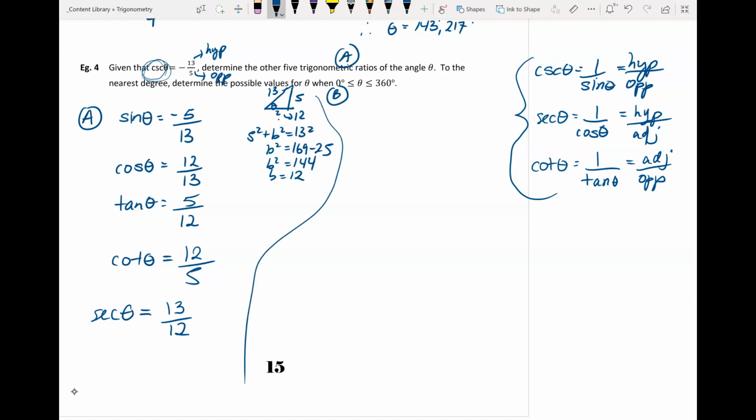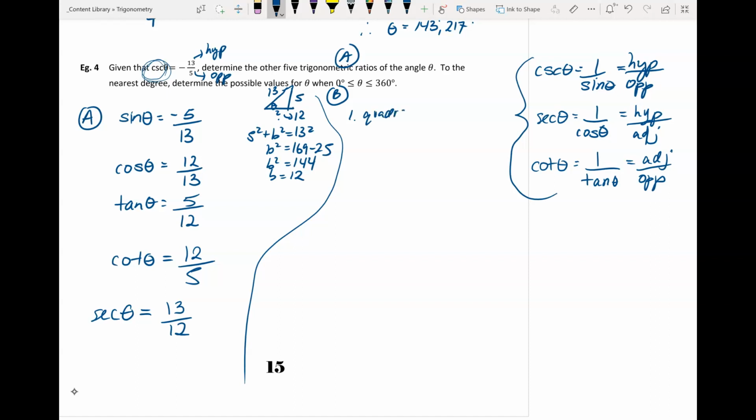Moving on to part B of this question, we want to determine the possible values of theta. Again, it's very similar to the questions we've done already from example 2 and part B of example 3. So the first thing I want to do is find what quadrant it's in.